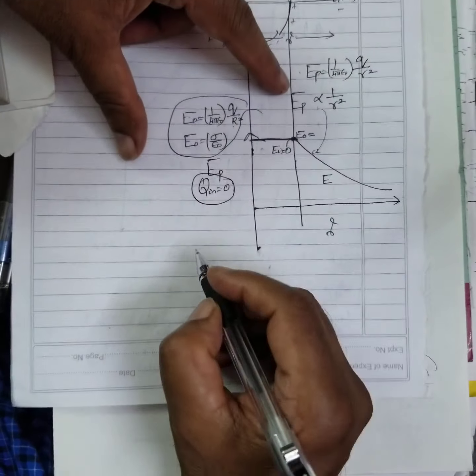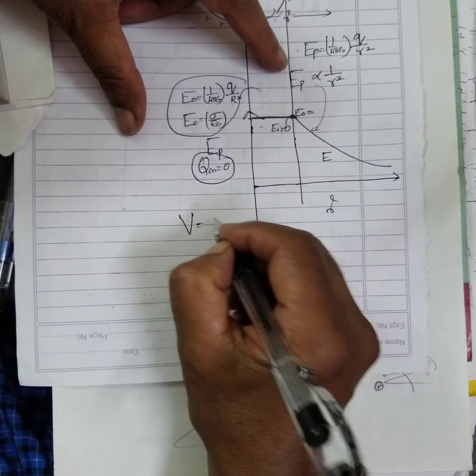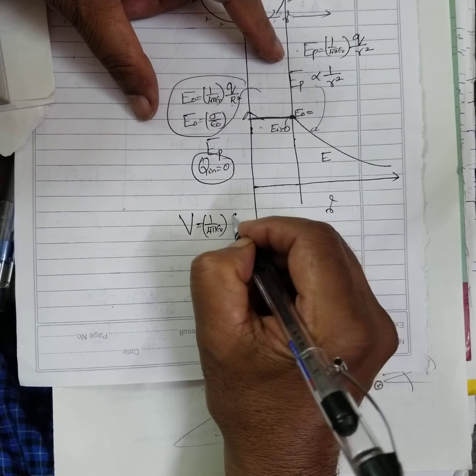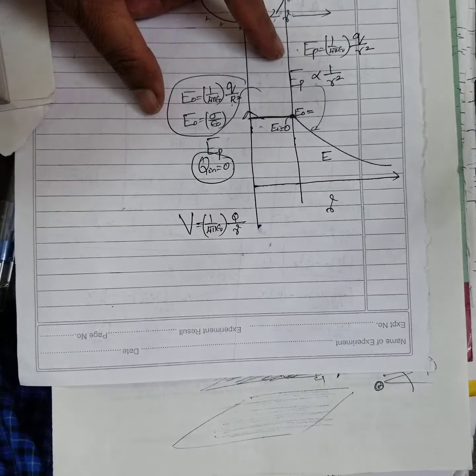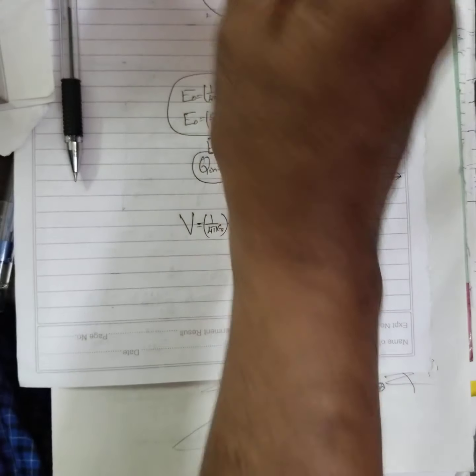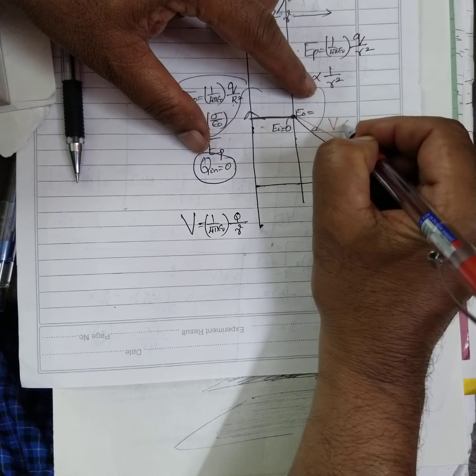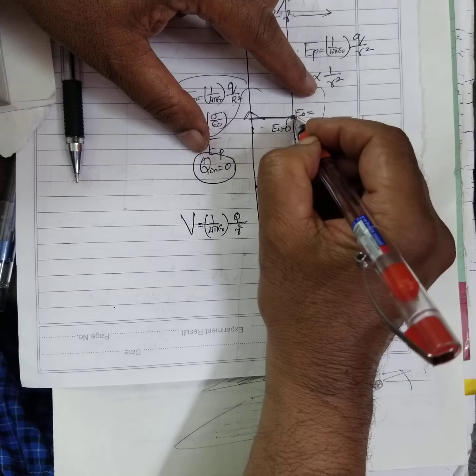Whereas what about the potential? Potential is equal to 1 by 4 pi epsilon naught times charge by r. The potential at any point is inversely proportional to r till this point.